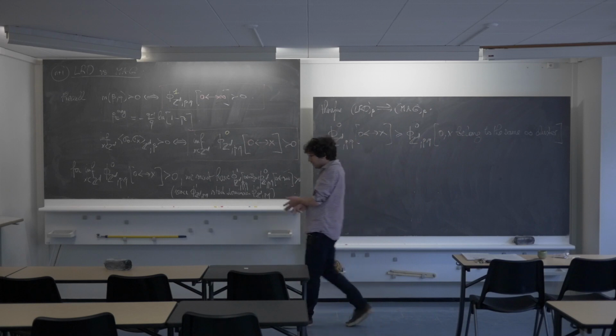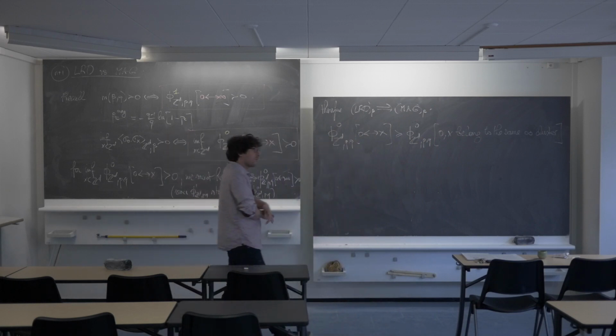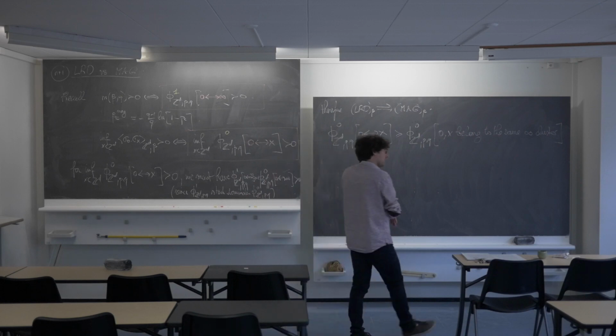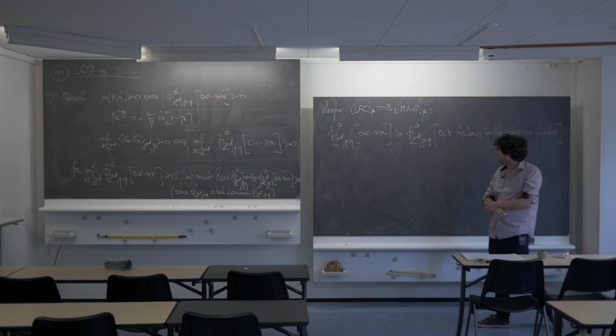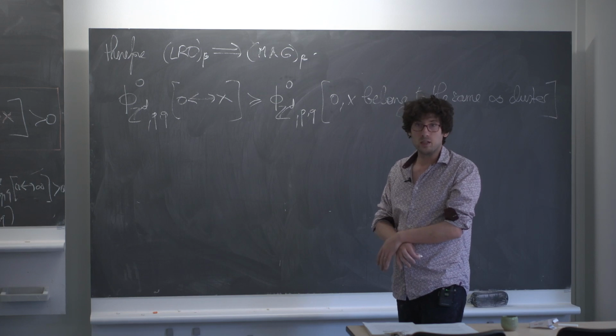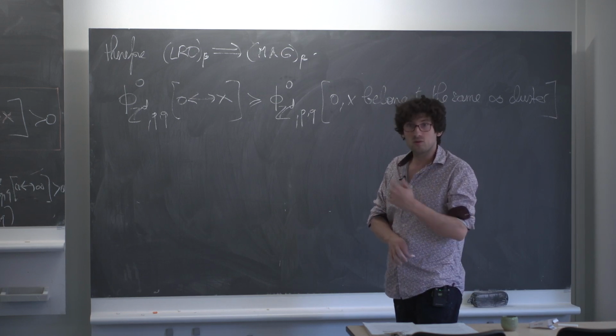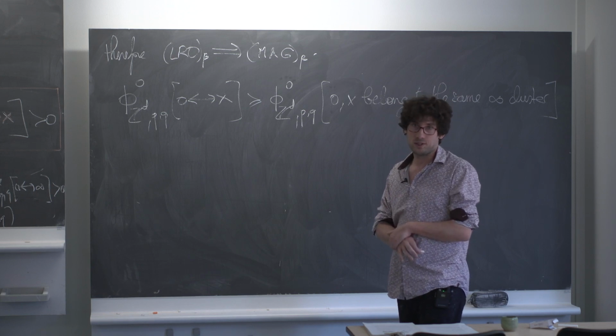Indeed, there could be infinitely many infinite clusters, for instance, or finitely many, but not one. And in this case, it could be that 0 and x are connected to infinity with positive probability, but the probability that they belong to the same cluster tends to 0 when x tends to infinity.